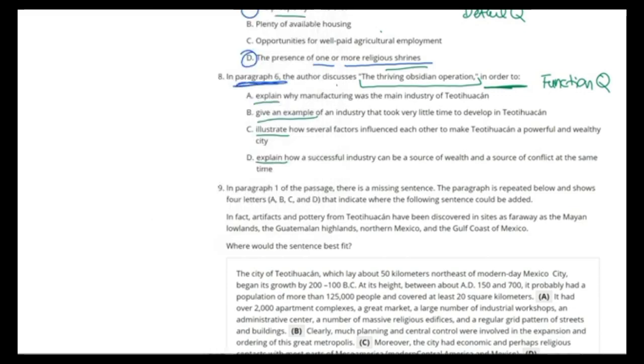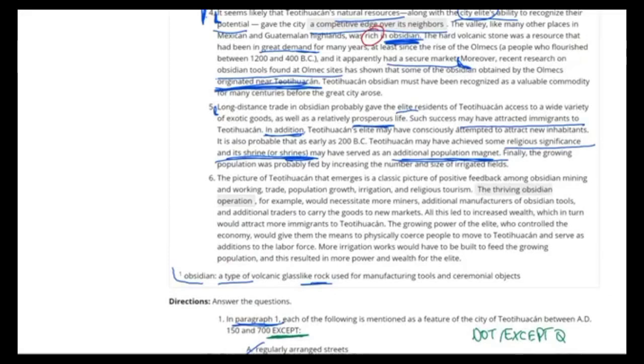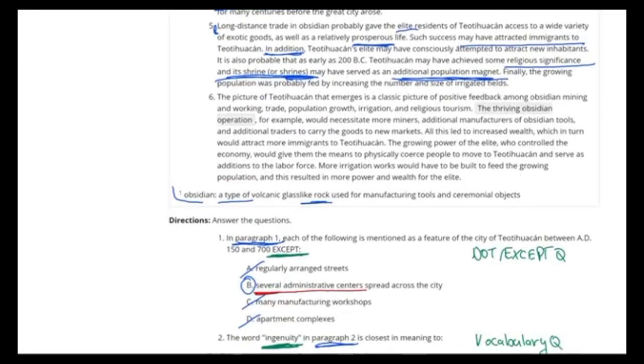Okay, this is where we can find the information. Let's go to paragraph 6 and have a look why he mentions that. So, here it is, the thriving obsidian operation. Good. Let's start at the beginning. The picture of Teotihuacan that emerges is a classic picture of positive feedback among obsidian mining, working, trade, and so on. And then it gets interesting.